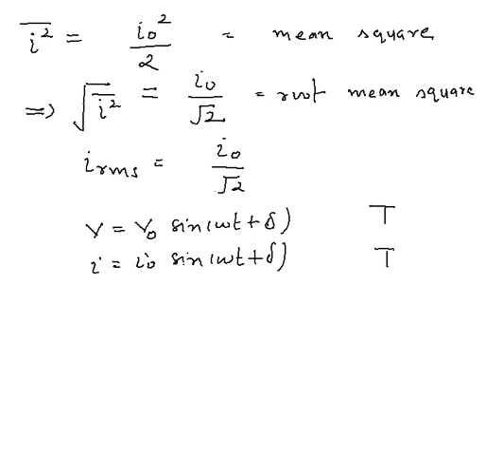How much heat is generated in one time period in that resistor? Answer is I square R dt.